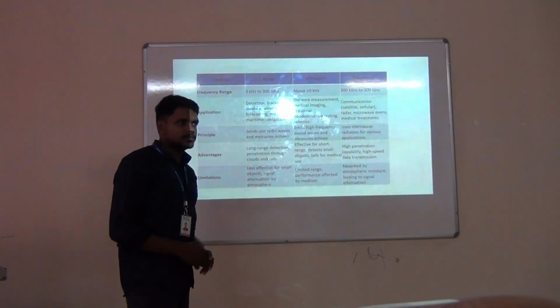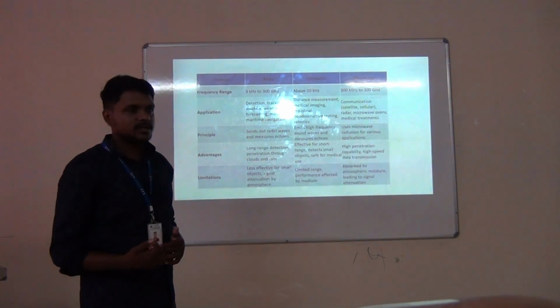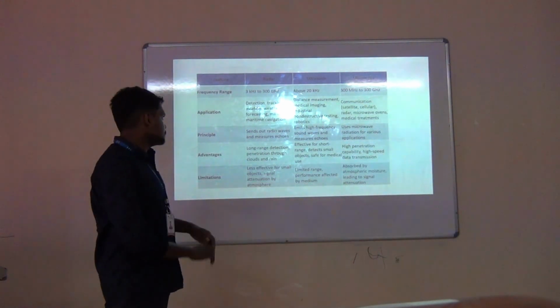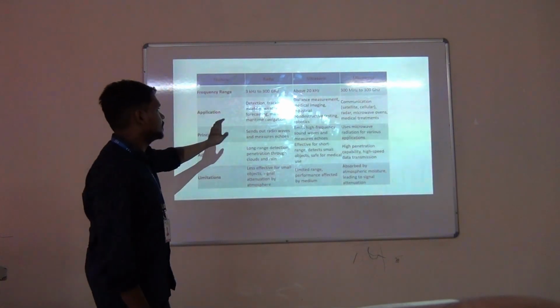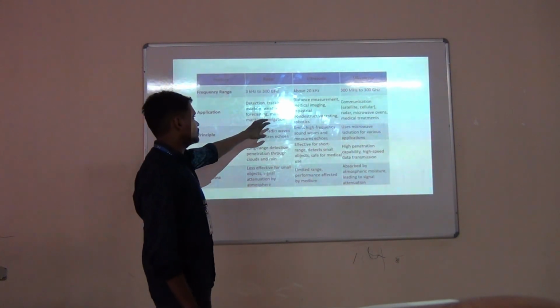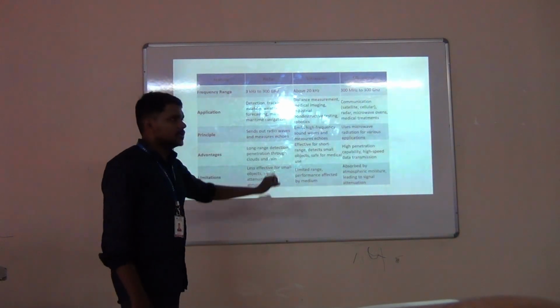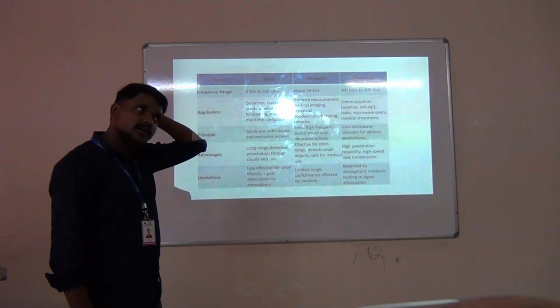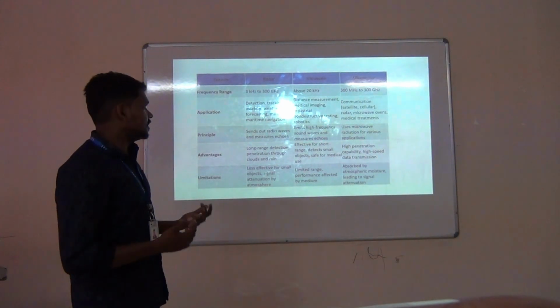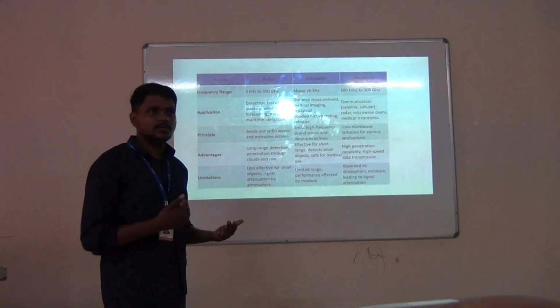So it is widely used in our meteorological departments also. So the applications, as I said before, are detection, tracking, aviation, weather forecasting, military, and maritime navigation. The invention of radars evolved from World War II, right?